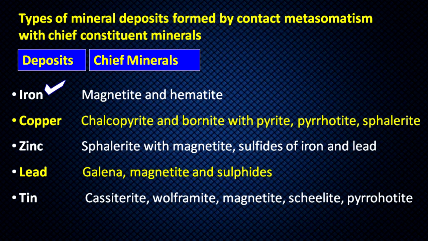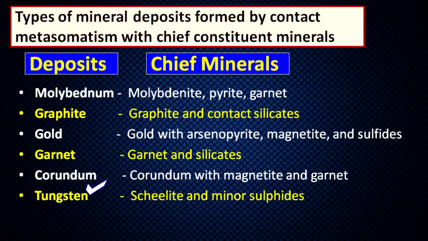See this table here: iron, magnetite and hematite; copper, chalcopyrite and bornite with pyrite, pyrrhotite, sphalerite; zinc, sphalerite and magnetite; lead, galena, magnetite and sulphides; tin, cassiterite, wolframite, magnetite, scheelite, pyrrhotite; tungsten, scheelite and minor sulphides; molybdenum, molybdenite, pyrite; graphite and contact silicates; gold, with arsenopyrite, magnetite and sulphides; garnet and silicates.